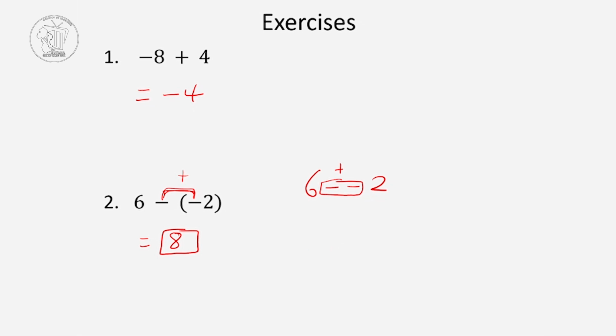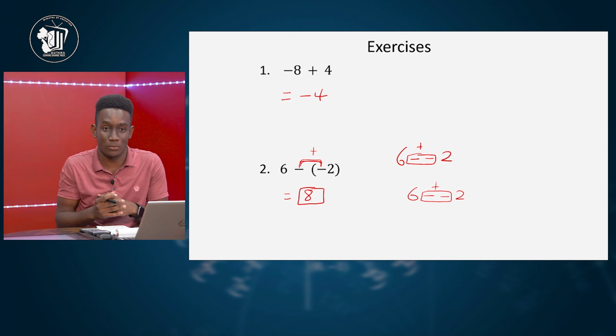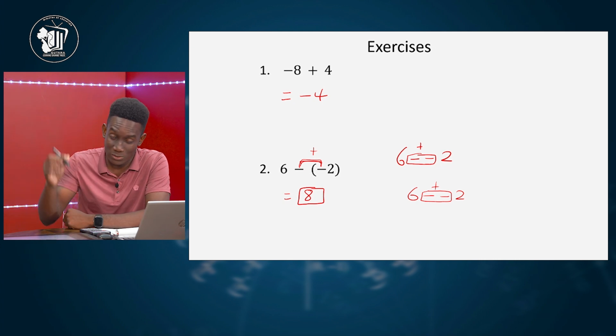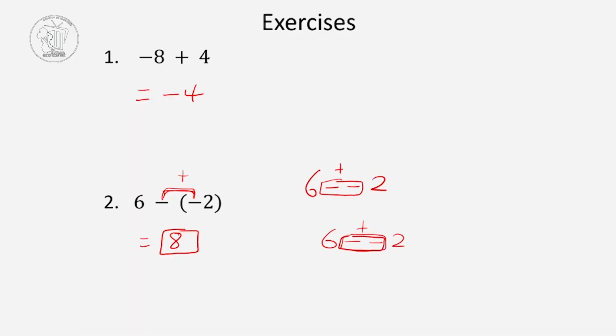But given the fact that we had 6 subtract negative 2, the two negatives will cancel out and turn into a plus. And this will tie into multiplication and so on of positive, non-negative numbers. That rule in which a negative and a negative will give you a positive. But this will only work once again if the two signs are together like this.